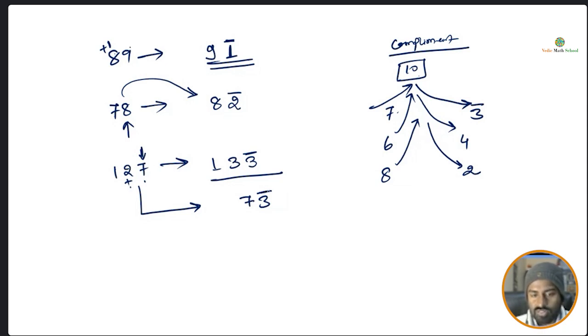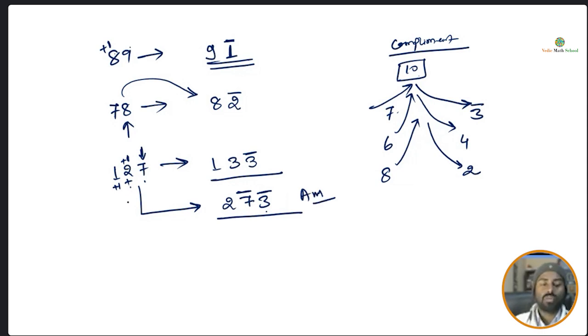So the next value will always increase. So this is 2 plus 1, which is 3. Now you have to subtract 10 minus 3, that is 7. Now I could convert the next value as well, but I'm going to leave it. So this 1 will again be increased by 1, so this is 2. And this is the complement of 127.